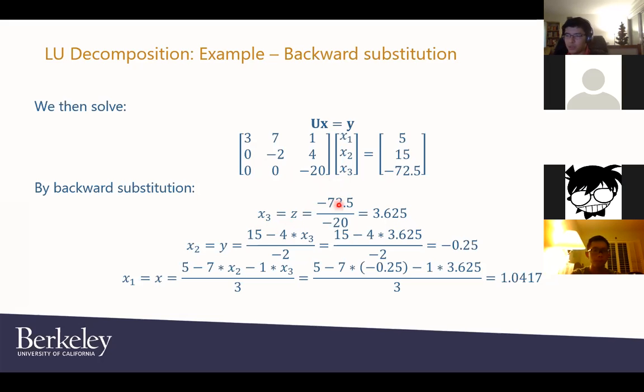So this guy over this, we got that. We go to the previous row. We already know Z. So Y equals this guy minus 4 times Z, which we already know, over -2. So it's this expression here. We know Y and we know Z. We go to the previous row and we solve for X.